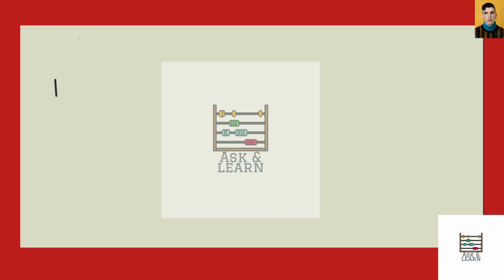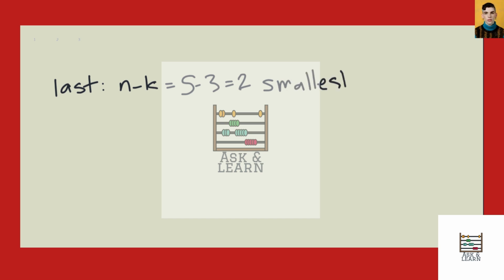So the last part of the algorithm is to move the n minus k equals 5 minus 3, our 2 smallest disks, to peg 4.